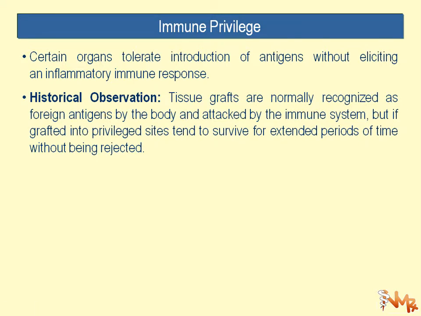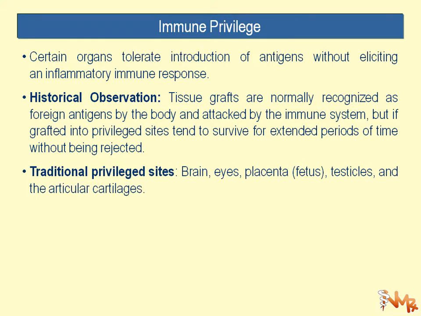It has been a historical observation that tissue grafts are normally recognized as foreign antigens by the body and they are attacked by the immune system. But if they are grafted into privileged sites, they tend to survive for a longer period without being rejected. So there is something about these organs or tissues that makes them less susceptible to inflammatory responses.